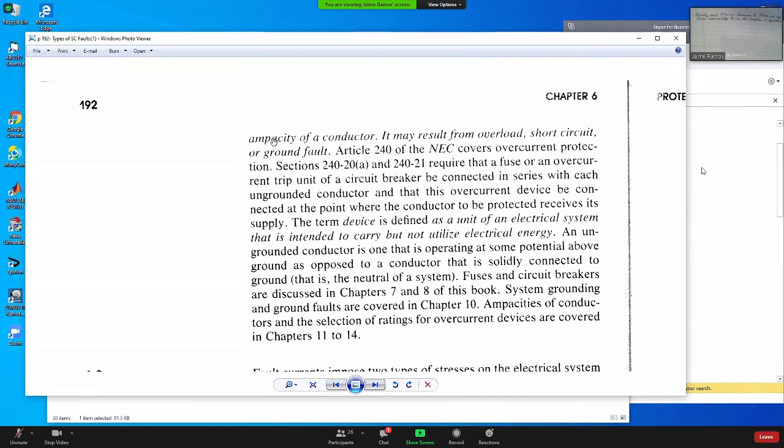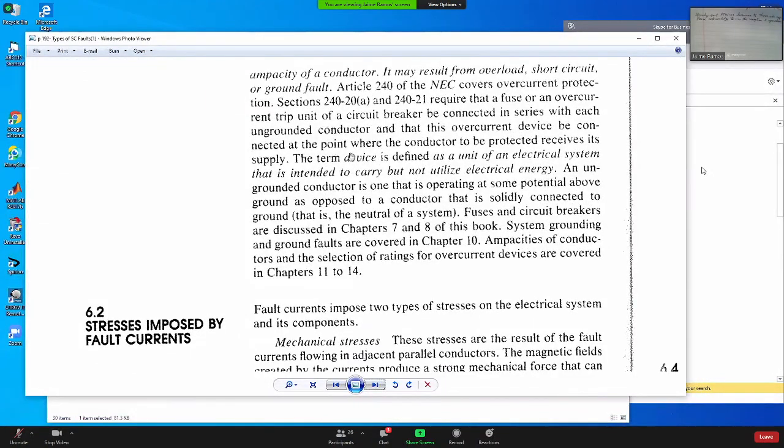So it's a characteristic of the system of conductors. The ampacity is how many amps any of those conductors that we are looking at can take under normal conditions. So that's ampacity.